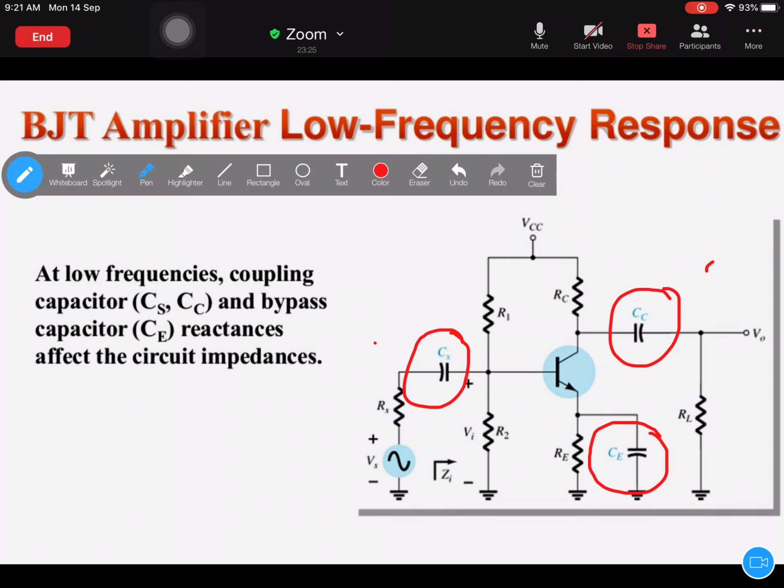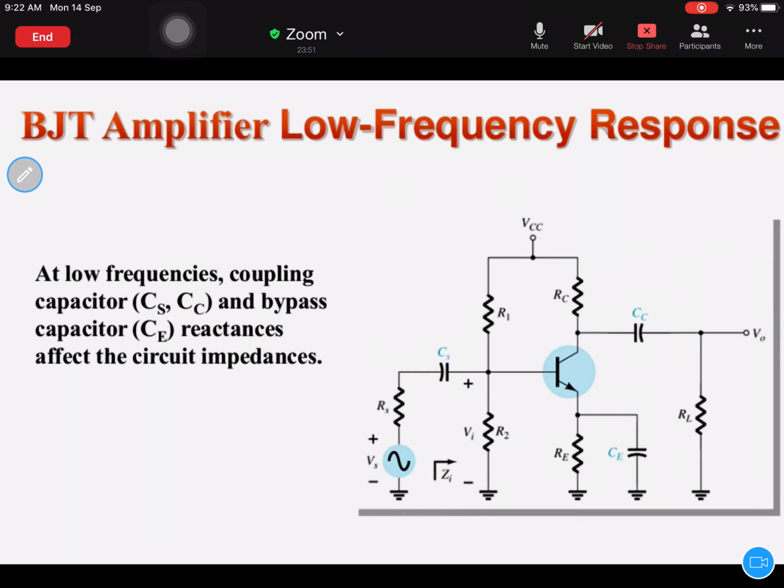But if you operate below the mid-range frequency, that is low frequency, the effect due to these three capacitances will increase dramatically, and due to that the impedance in the circuit will increase, which will lower the gain of the circuit. At the end you will be getting very little output gain.